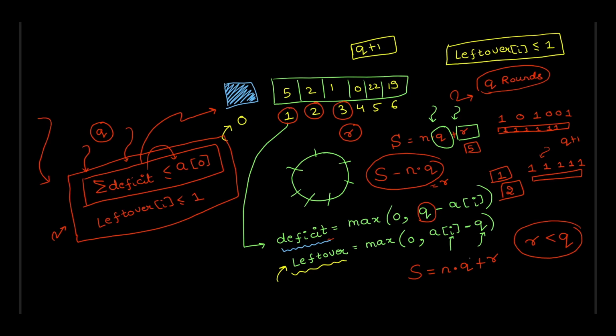So instead of making them participate for q rounds, you should have done it for q plus 1 rounds. So Euclid's division lemma guarantees that this r will be strictly less than n. This means that once you have subtracted n into q from the total sum, the total leftover is guaranteed to be less than n. This means that this situation will never arise if these two conditions are met.